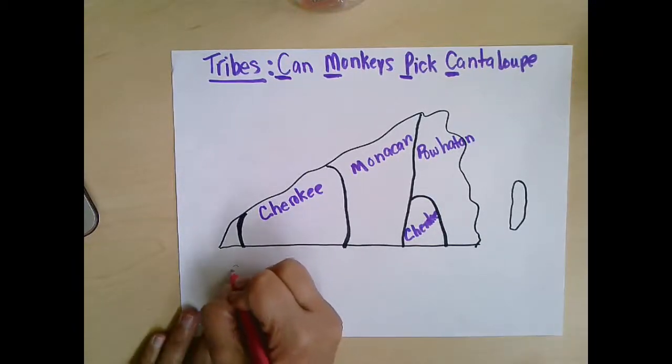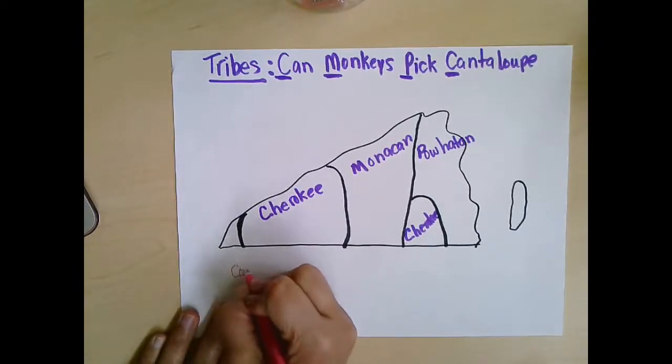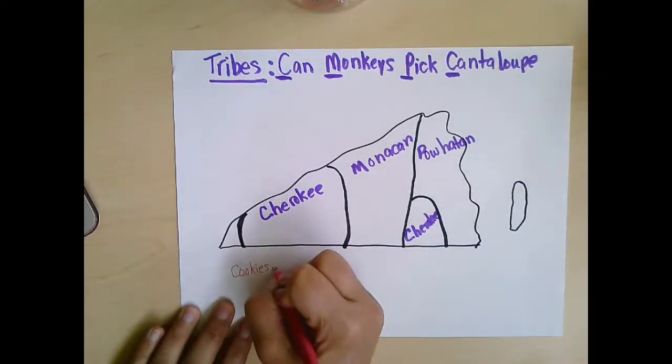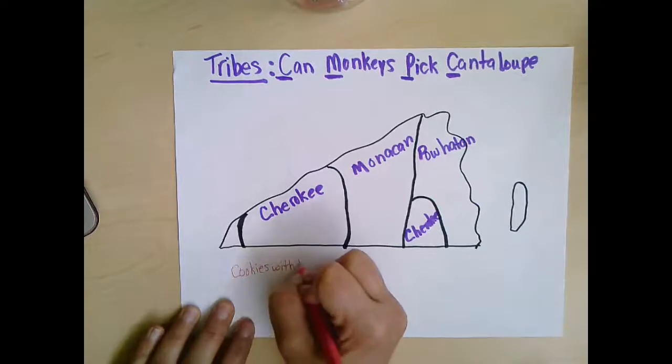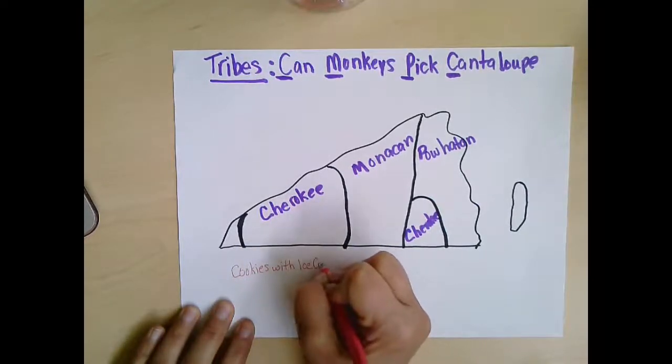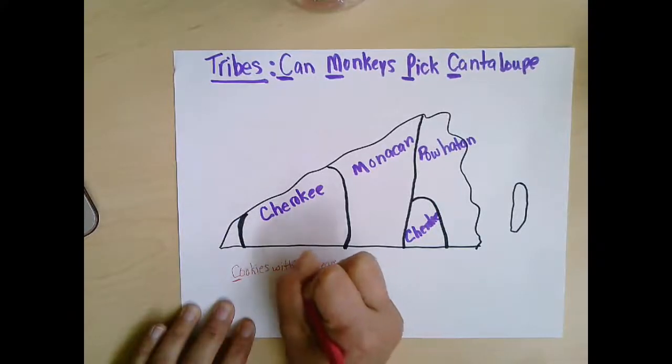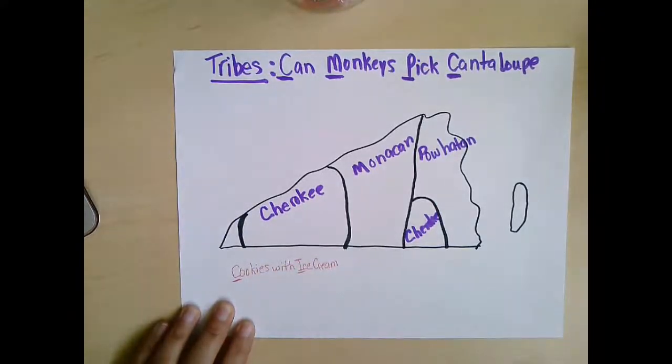And the first one I like to use is cookies with ice cream. Okay, and I'm going to underline my C and my I. Okay? Cookies with ice cream.